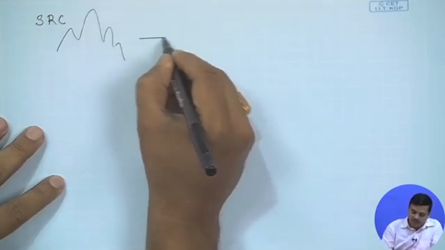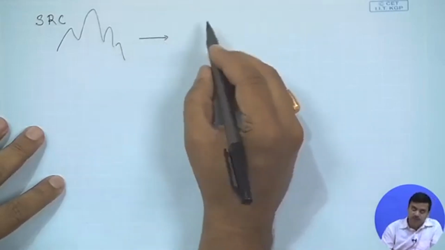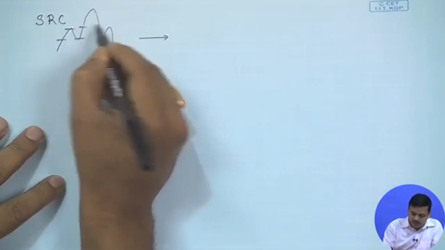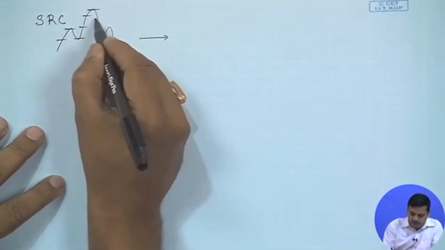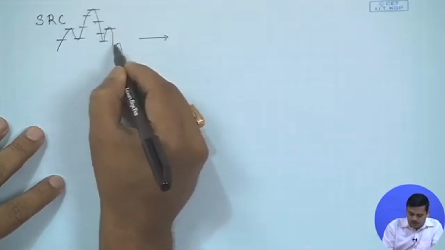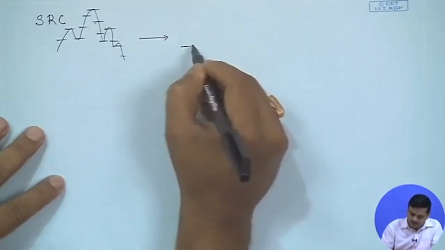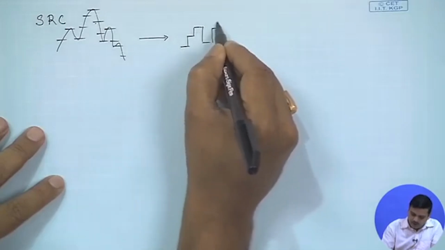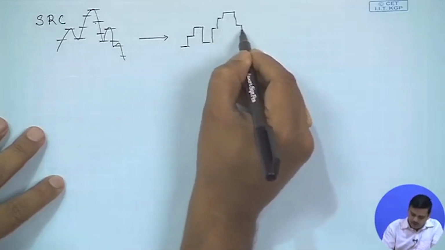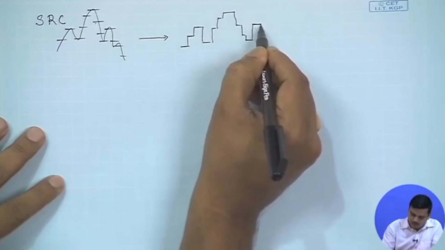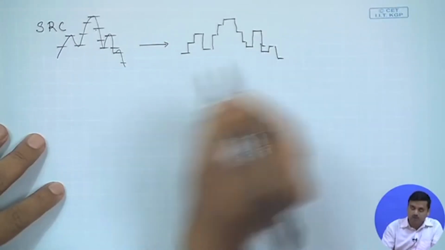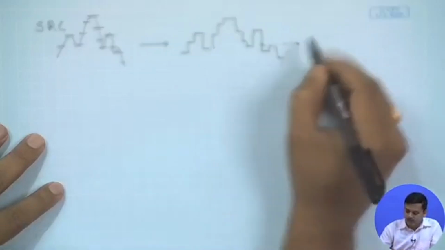You would first have to convert it into discrete, that means let us say you quantize it into these levels, and once you quantize, your waveform might look like this, and so on, and this one you pass on to a carrier.